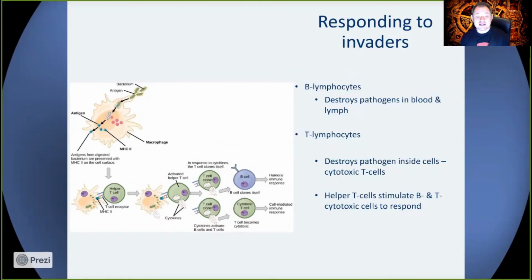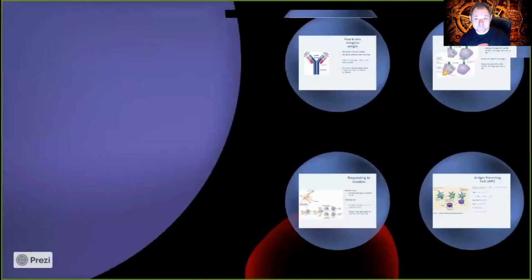When it becomes activated, it releases lots of cytokines into the blood that stimulate both T and B cells. The activated helper T cell will clone itself, making many copies of itself that will go around the body and activate B cells and cytotoxic T cells. The B cells will make antibody and release it into the blood, and the cytotoxic T cells will look for infected cells and destroy them.